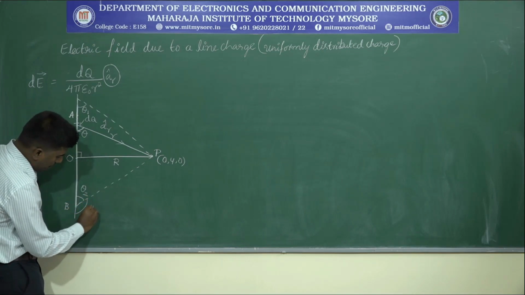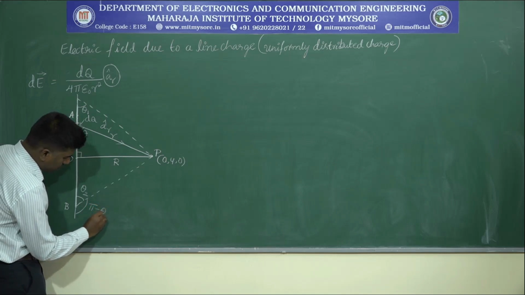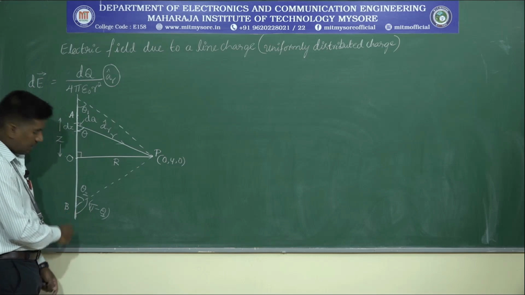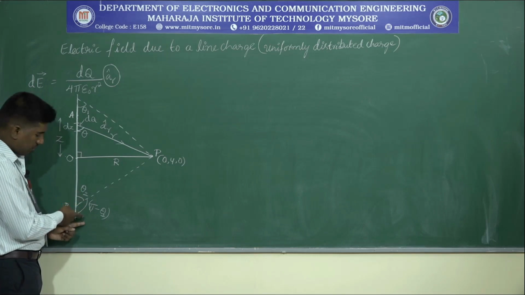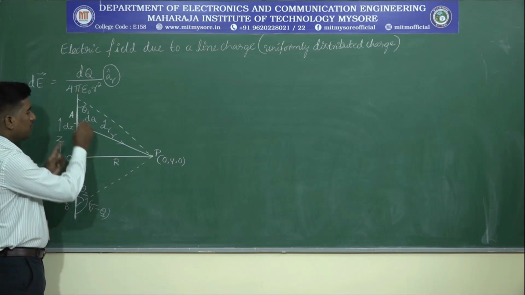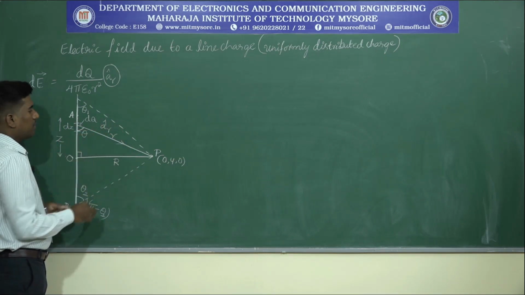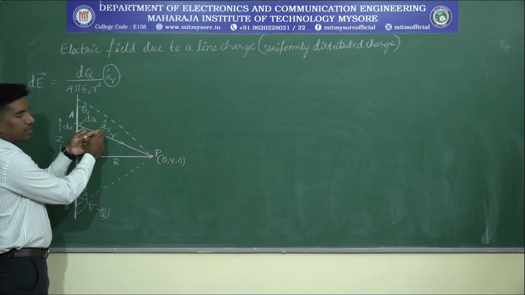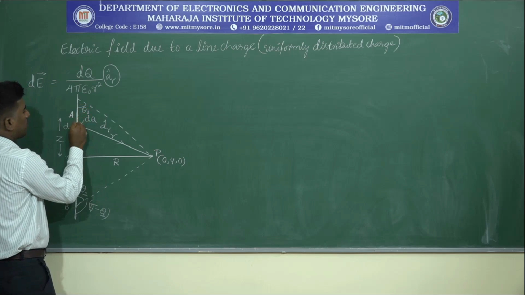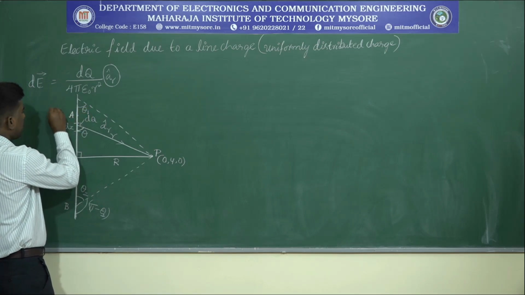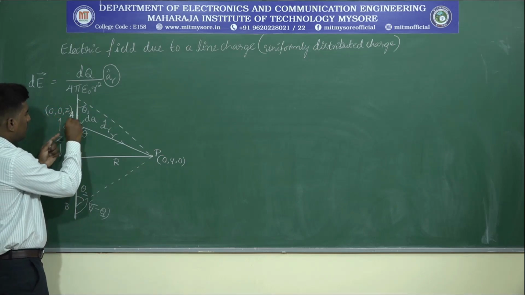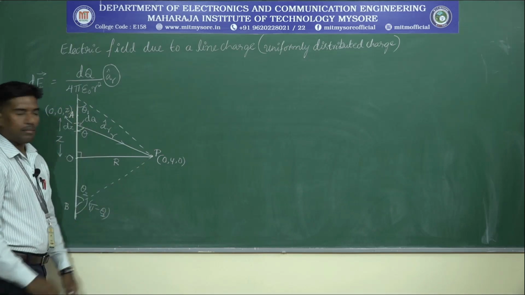This angle is pi minus theta 2 because this line gives 180 degrees, so 180 degrees minus theta 2 is pi minus theta 2. This is the geometrical representation to calculate the unit vector a cap r. The coordinate of this point is 0, 0, z.